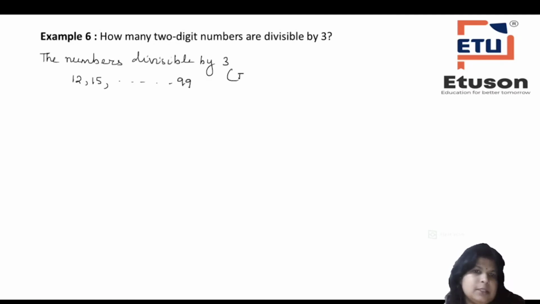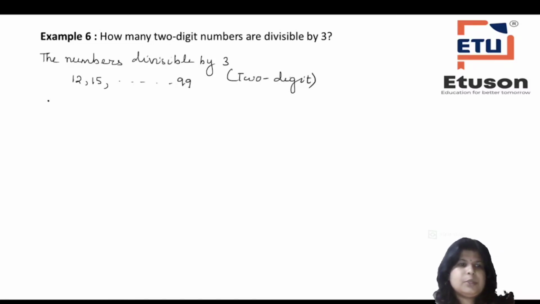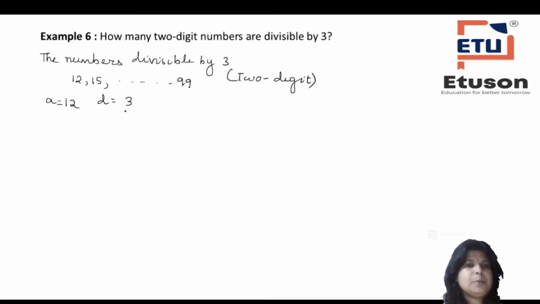Remember, we are considering two digit numbers. So here a is equal to 12 and the common difference d is equal to 3, and your last term an is equal to 99.